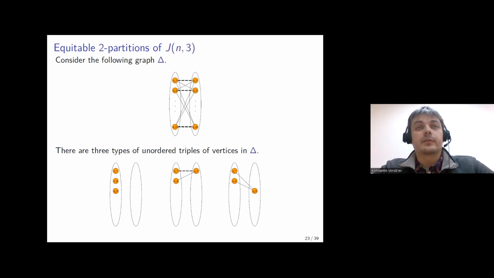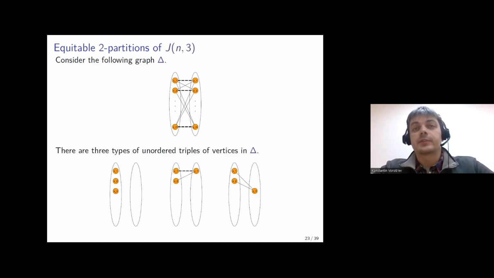And it's easy to understand that there are exactly 3 types of unordered triples of vertices in this graph. The first type is if we have 3 vertices in one part or in another. The second type, if we have 2 vertices in one part, one in another, and 2 vertices are from that perfect matching.